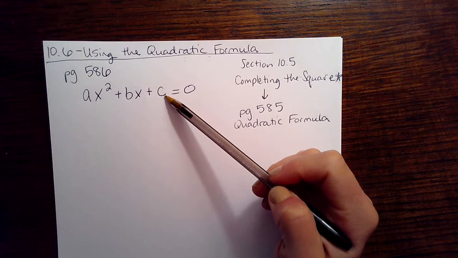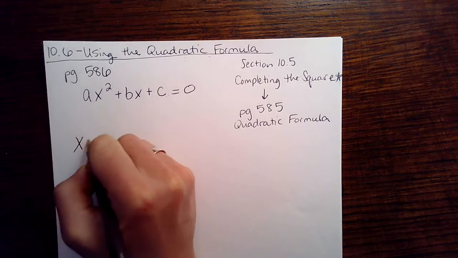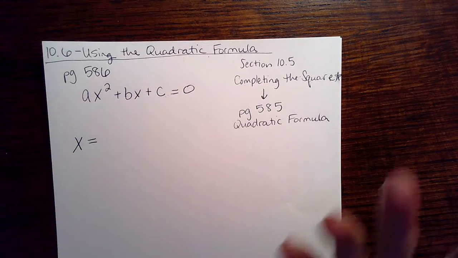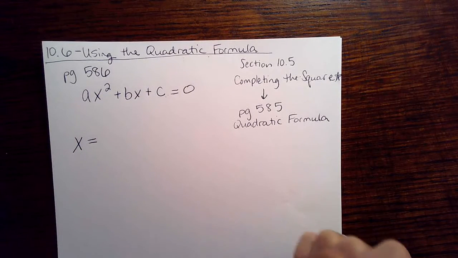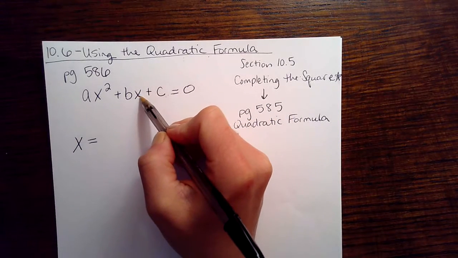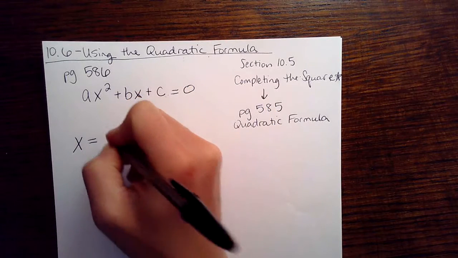How could we use this and show the solution, x equals what? The quadratic formula is what we get when we solve for x, and it shows us how we can do that. Let's see what that is.